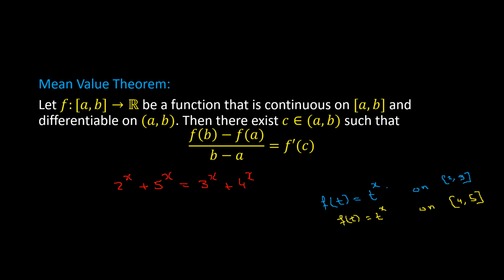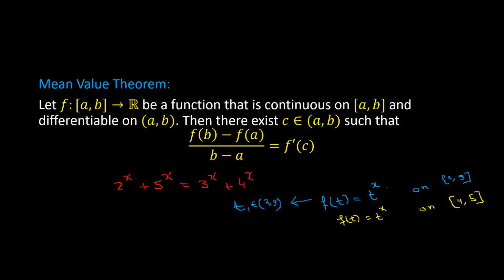Then if this satisfies the mean value theorem, there exists some number, let's say that number is t1, belonging to the open interval 2 comma 3, at which the derivative of the function must be equal to this quotient.